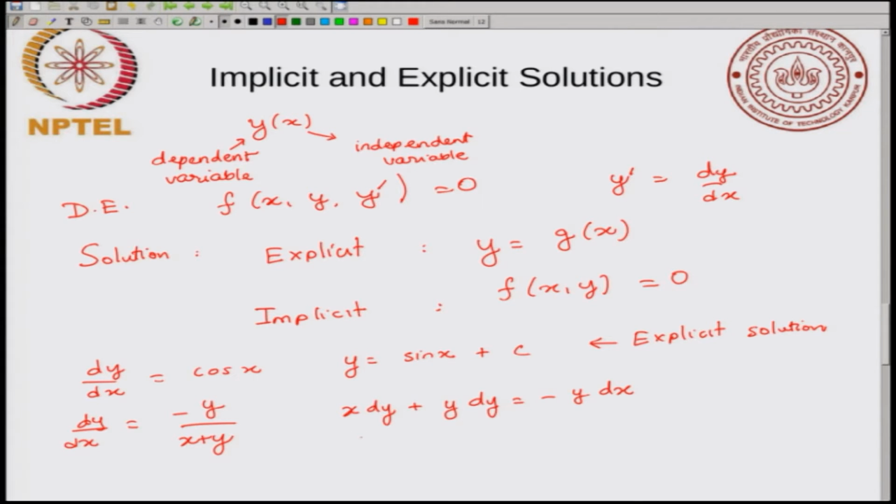So, you will have something like x dy plus y dx plus y dy equal to 0, and what you realize is that this is just d of xy, okay. This is just d of xy. So, when you integrate this, you can show that xy, and this is d of y square by 2, so, plus y square by 2 equal to 0. So, this is an implicit solution.